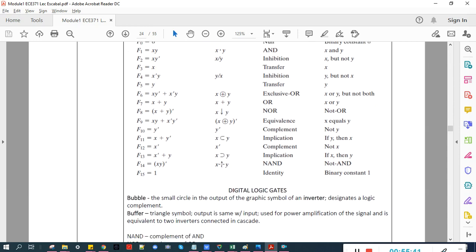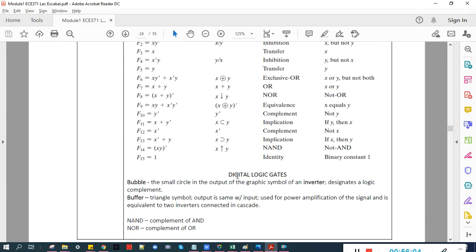This is NOR and this is NAND. It's quite confusing because this is not usually used. But the symbol for exclusive OR is used more often. Then identity, f of 15 equals 1, binary constant 1.